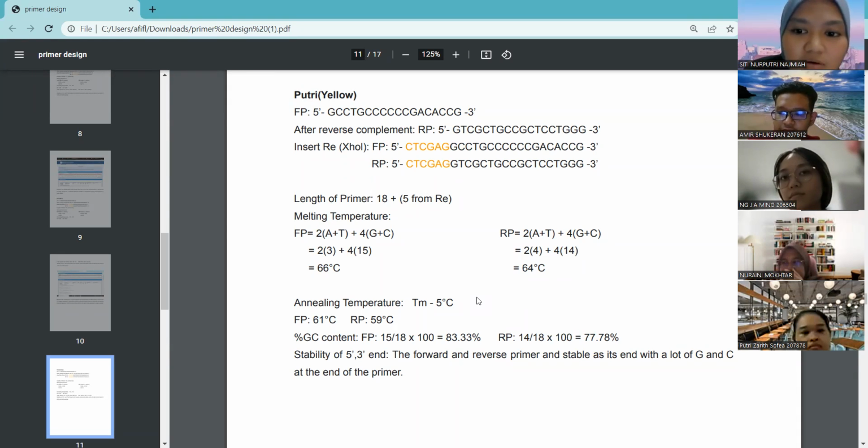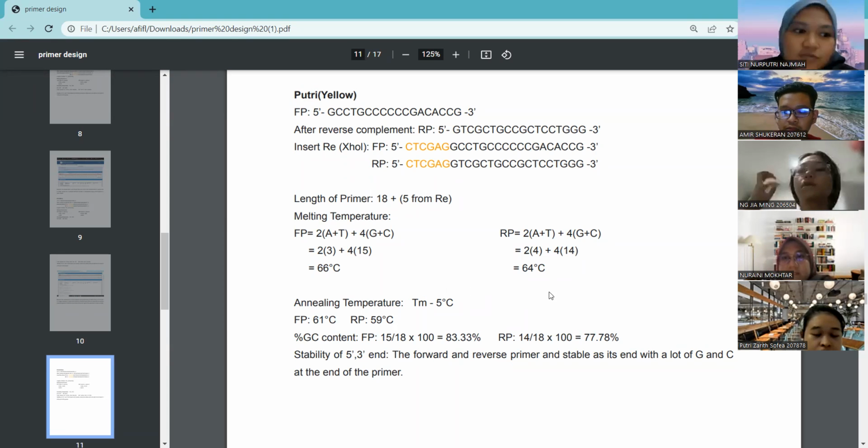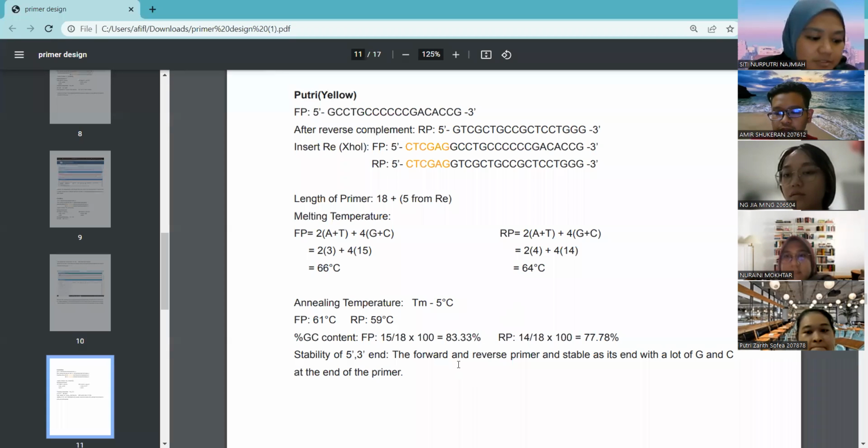So from my melting temperature, I get above 65 degrees and it has a tendency for secondary annealing.